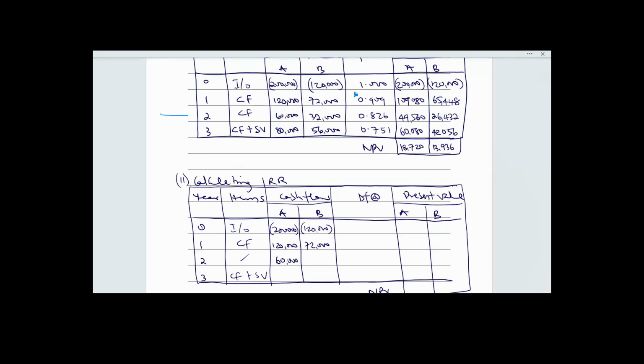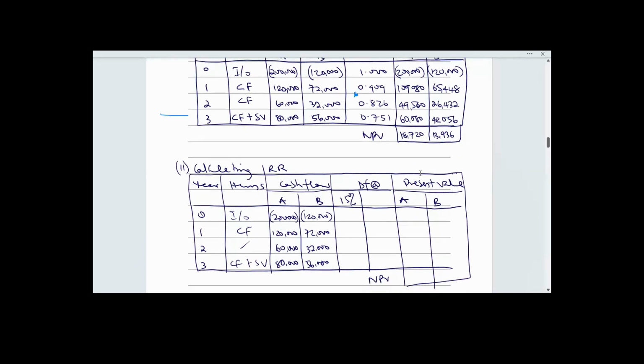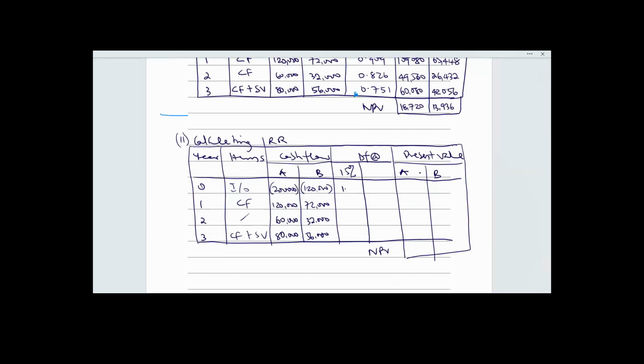Then 60,000, 32,000, 80,000, 56,000. So discount factor. We are going to have 2 different discount factors. First thing first, we are assuming 15%. Here will be 1 multiplied by 200,000, and 120,000.